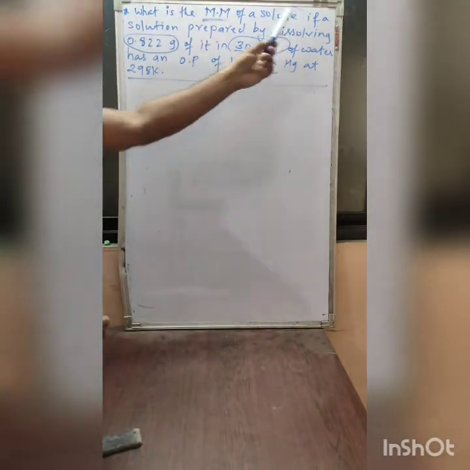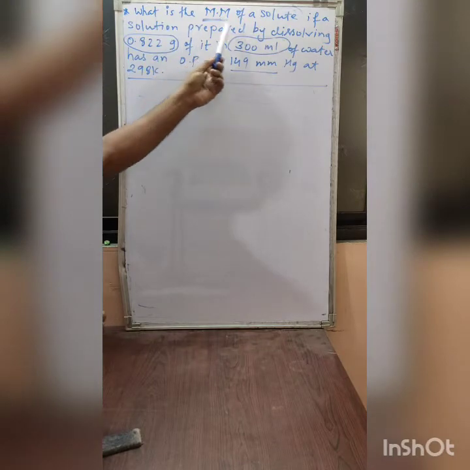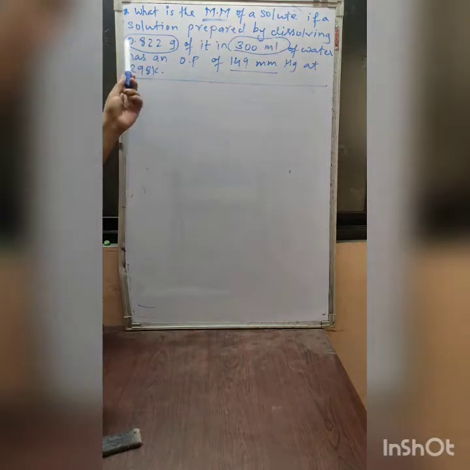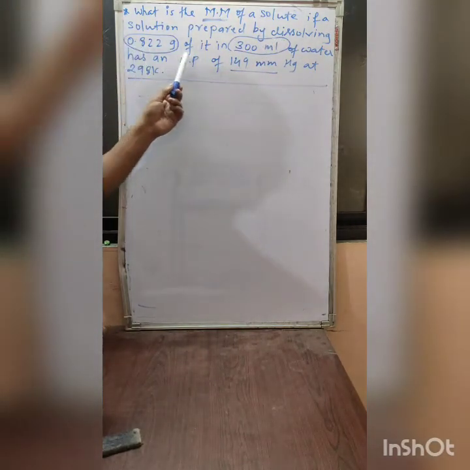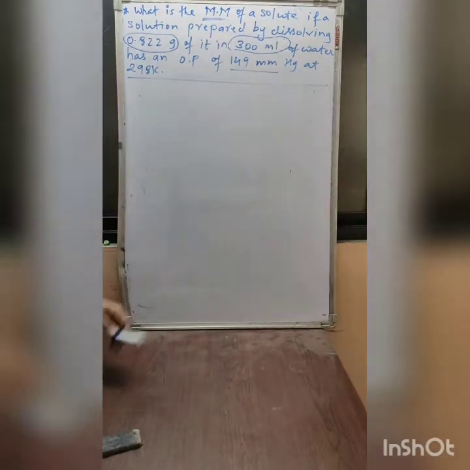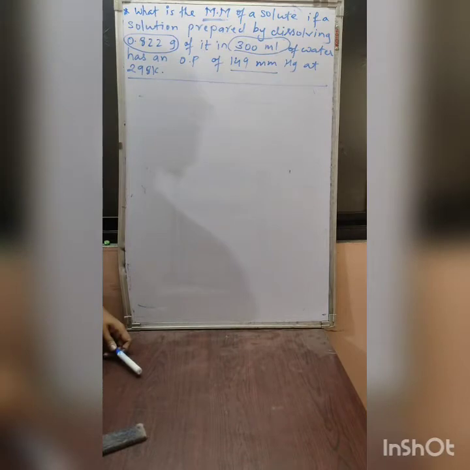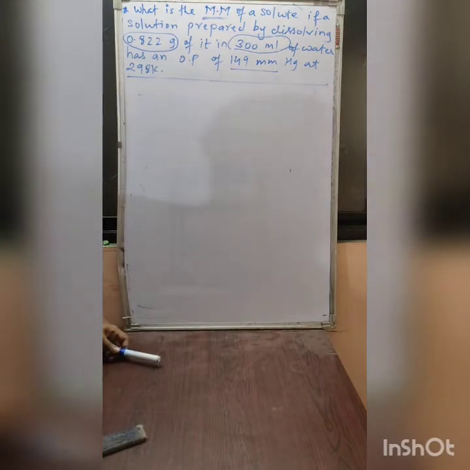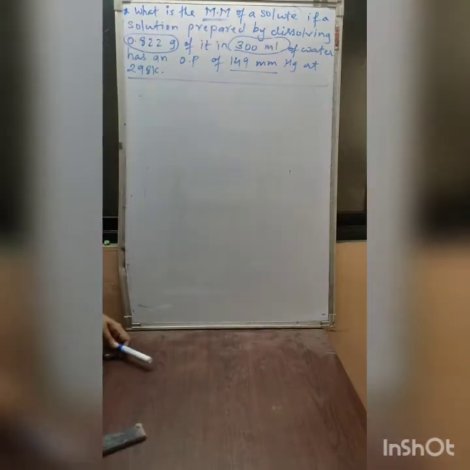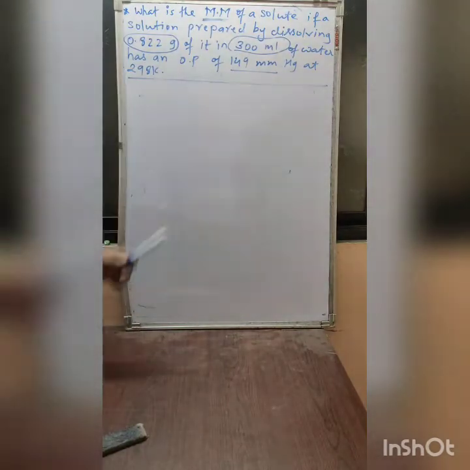Now the question is, what is the molar mass of the solid if a solution prepared by dissolving 0.822 gram of it in 300 ml of water has an osmotic pressure of 149 mmHg at 298 Kelvin?